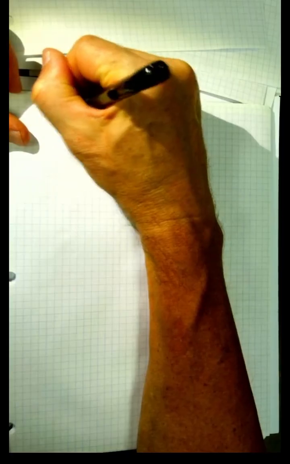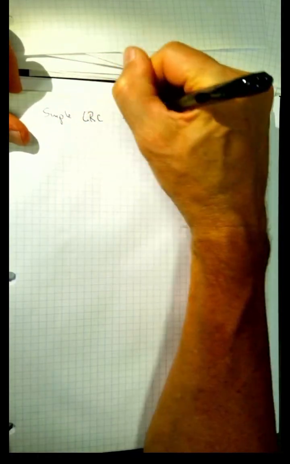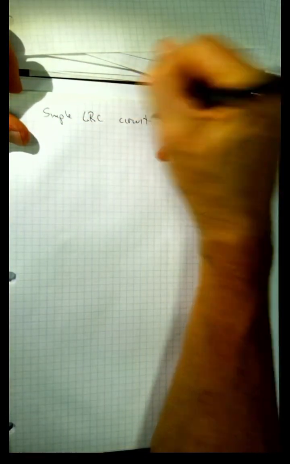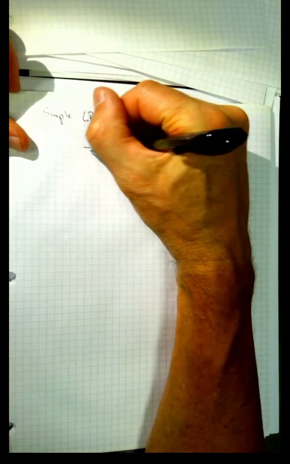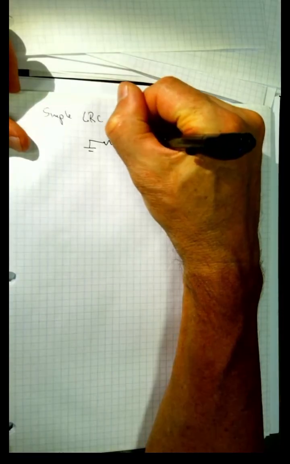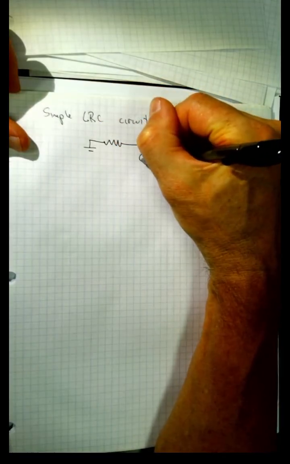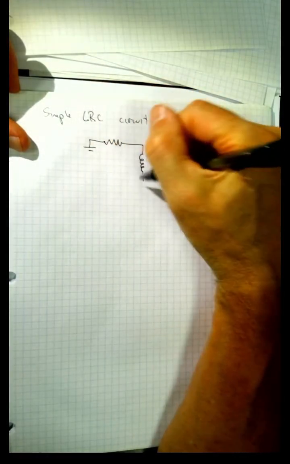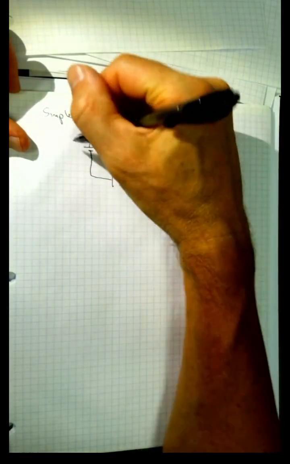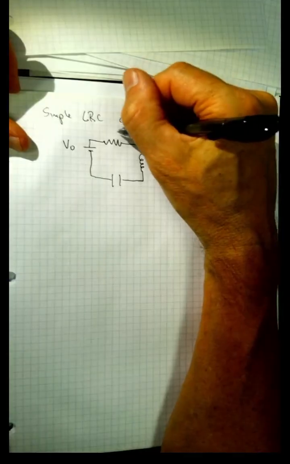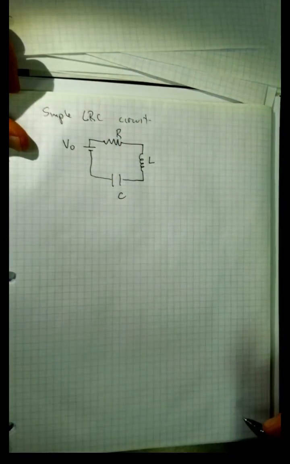So for example, if I want to refer to a simple LRC circuit, then it's going to have a battery, a resistance, an inductor, and a capacitor. So this is going to have some voltage, some resistance, inductance, and capacitance.